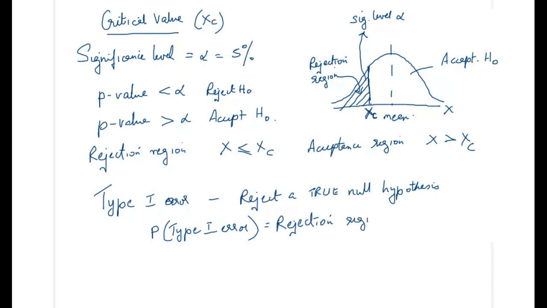So in our example up here, it's going to be the probability that x is less than or equal to xc. Now, for a binomial distribution, this value might be slightly less than the significance level because a binomial distribution uses discrete values. If you're using a normal distribution, then the rejection region, or the probability of a type 1 error, is exactly the same as the significance level.